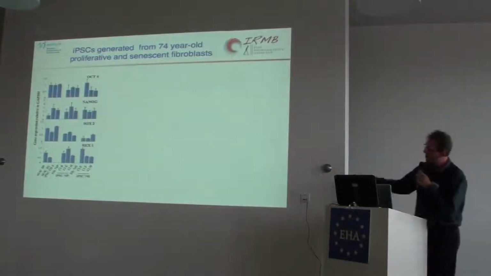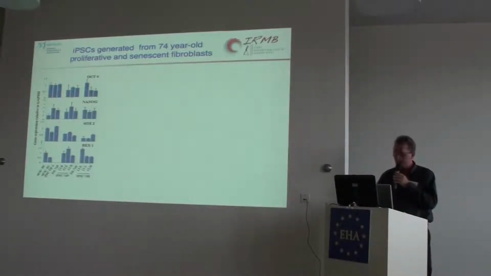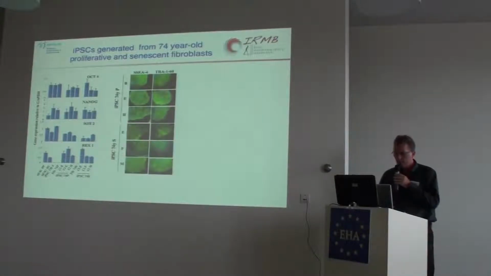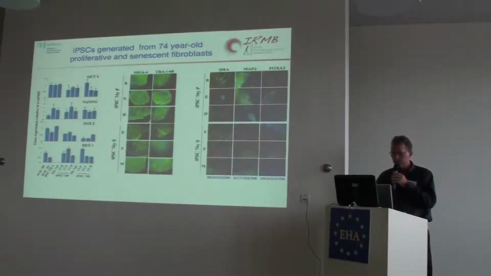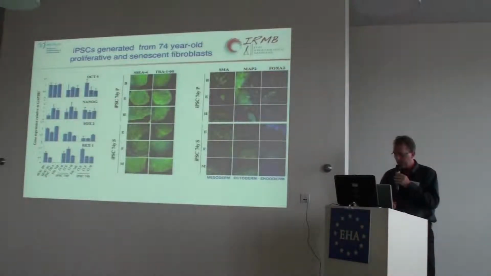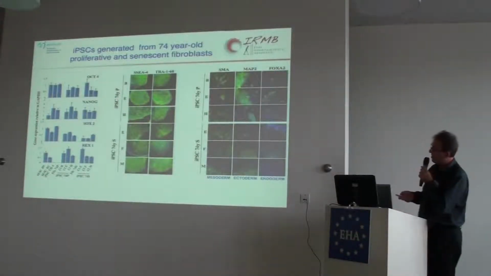So we followed the re-expression of pluripotency genes by qPCR with iPS from senescent or proliferative cells, re-expression of cell surface markers, and the ability to differentiate into all three germ layers of the embryo with specific markers.